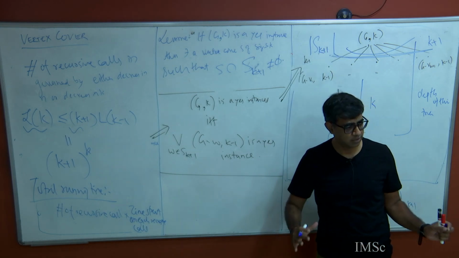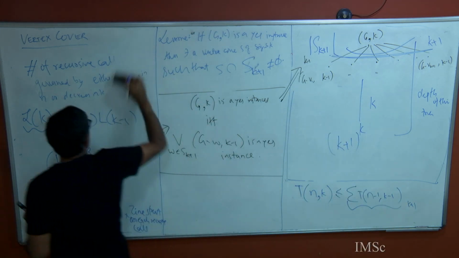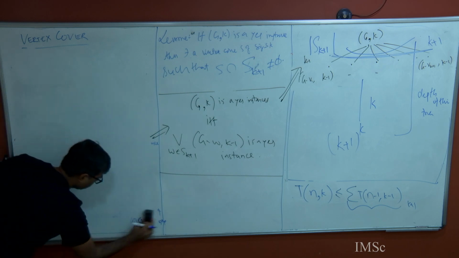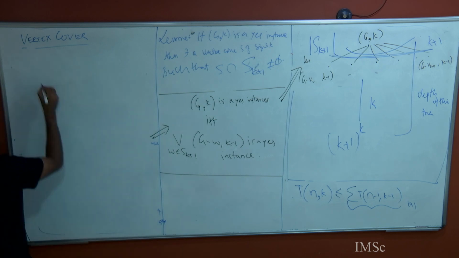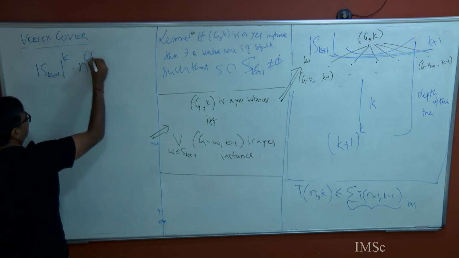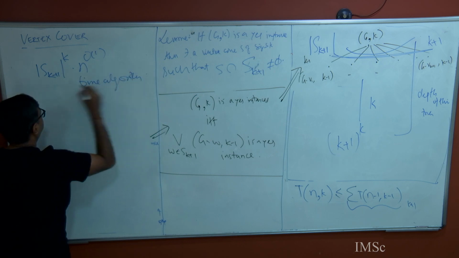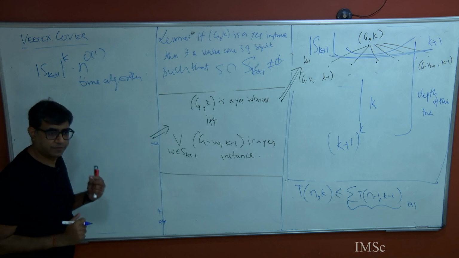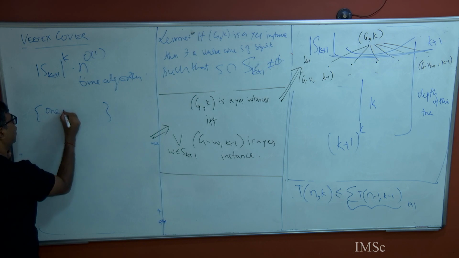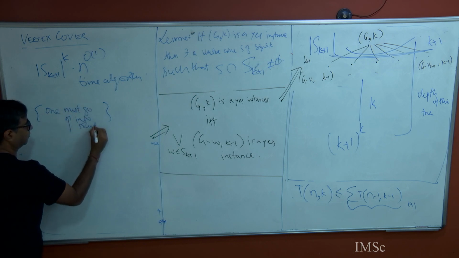So, now I am going to write an S_{k+1} to the power k algorithm. My algorithm is basically whatever that was. But what was the property of S_{k+1}? From here one must go into the solution.